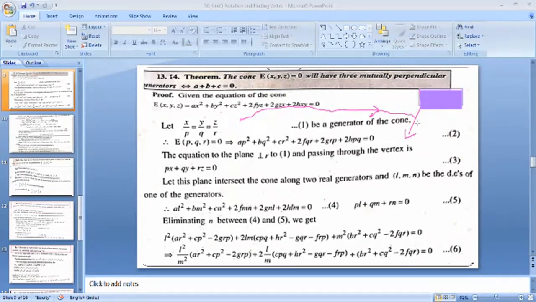That is P, Q, R. This is the generator, so it is given by this particular equation.